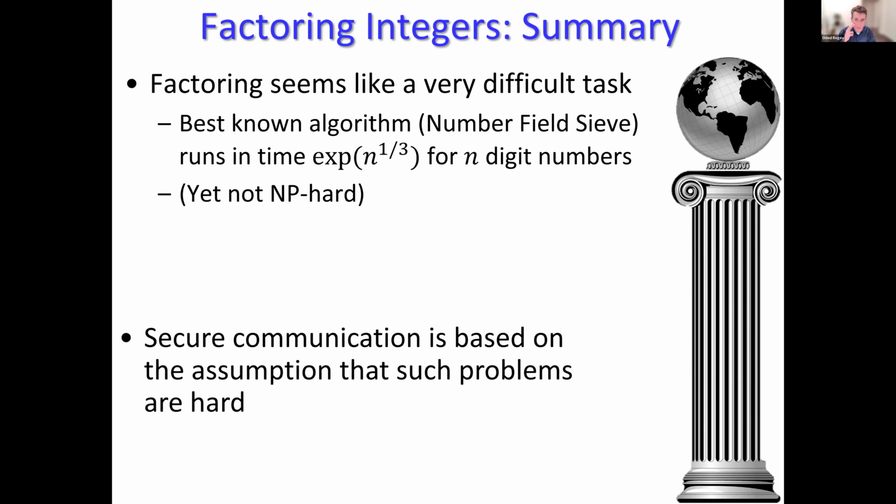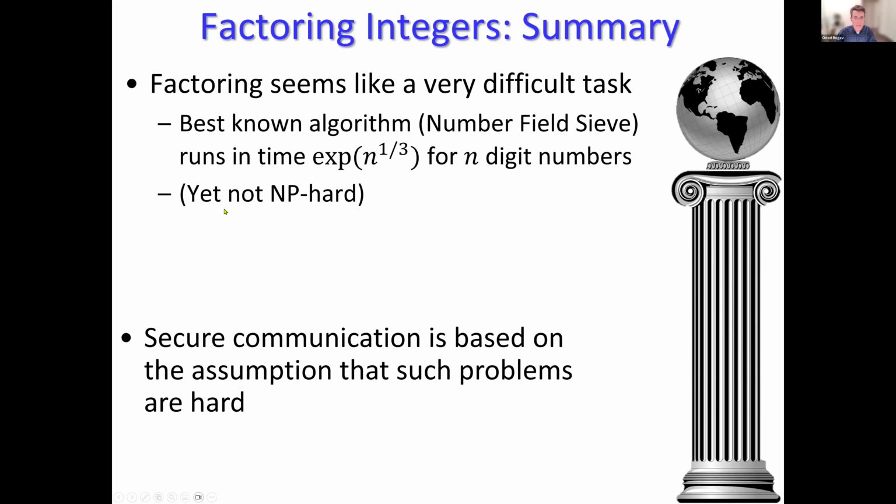It's a development of the quadratic sieve I mentioned before, and Pomerance was involved in many of those things. It's a remarkable algorithm, and it is remarkably fast, and yet it's not polynomial time. It runs in exponential time in the cube root of the number of digits. So it's able to do amazing things, but you cannot factor numbers with 800 binary digits.